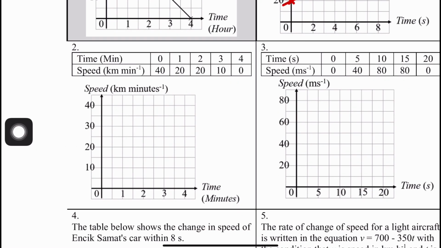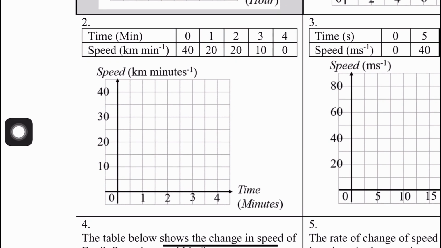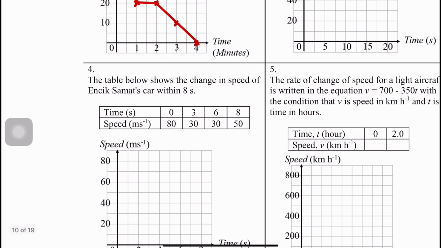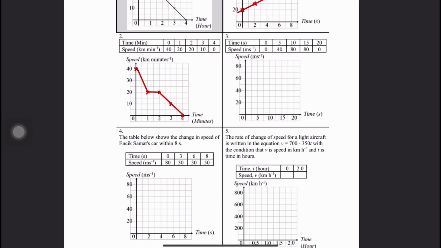So let's plot. 0, 40, and then you have 1, 20, 2, 20, 3, 10, 4, 0. Then just connect them. Can? Okay, so now I want you to try it for yourself.